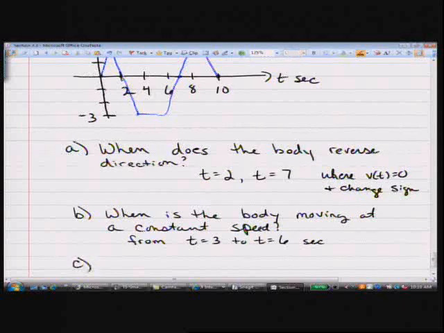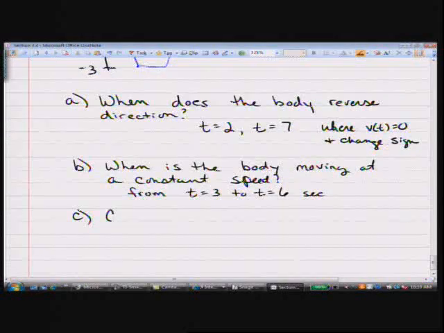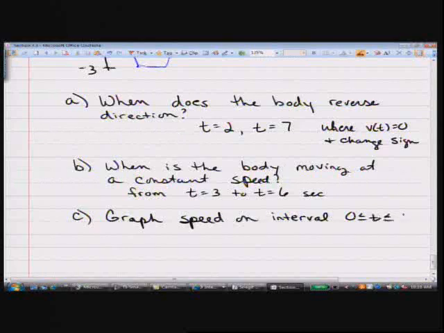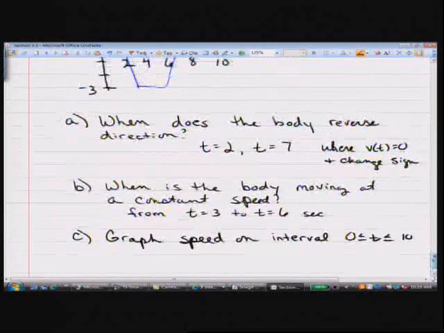All right, C. Graph the speed on the interval from 0 to 10. All right, I'm just going to do it in red.